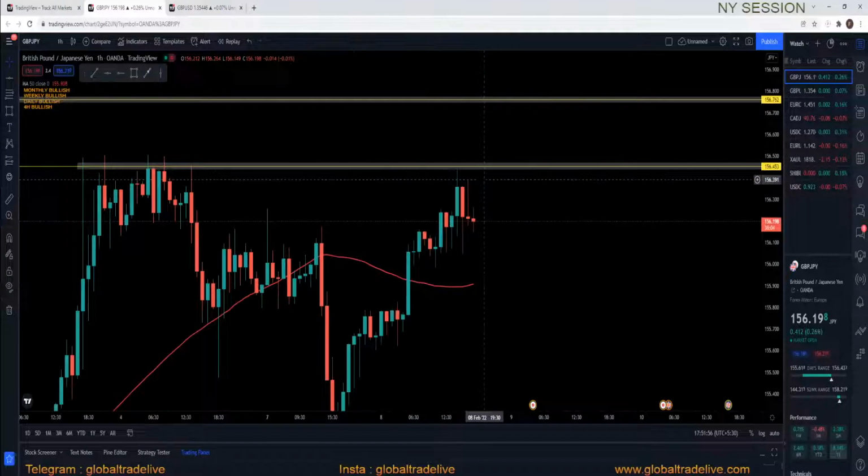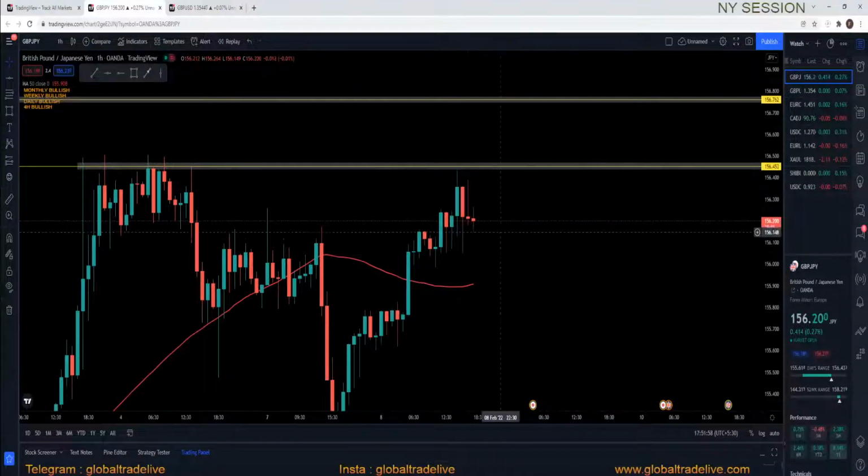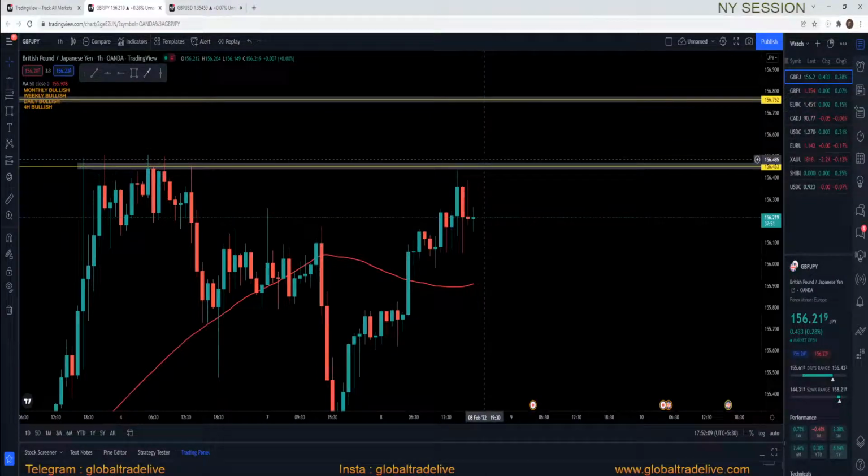So basically if we get a candle closing above 156.450, then it will be really great. But that should be a candle closing nearby this area, right? So that we can have a good range to trade.